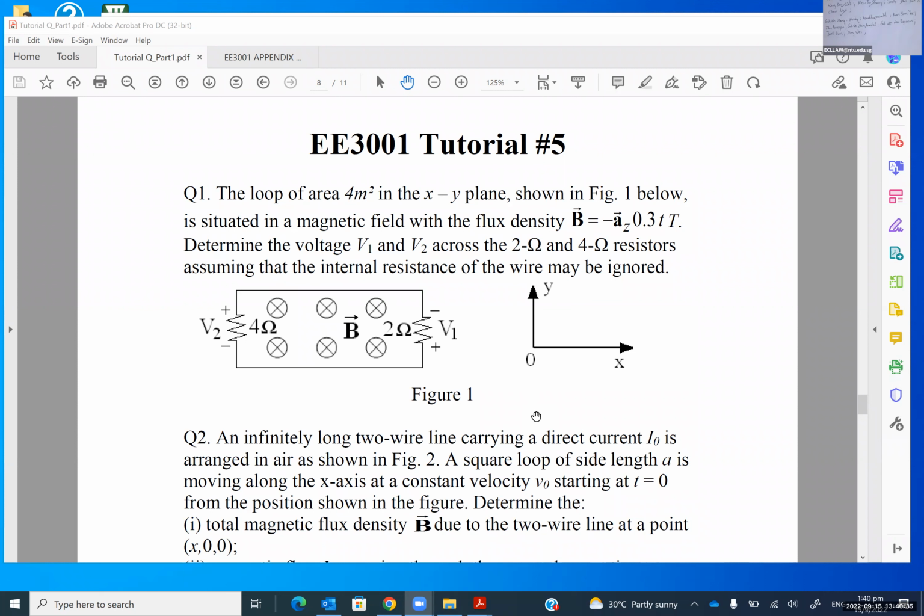It's important for you to label. This is incomplete. You need to label where the positive z-axis is. That means you need to draw a circle. Is that circle with a dot or with a cross for positive z-axis? Dot, right? Because it's coming out of the paper.